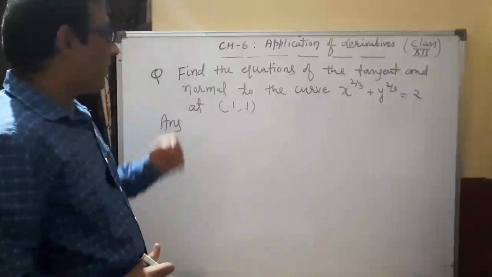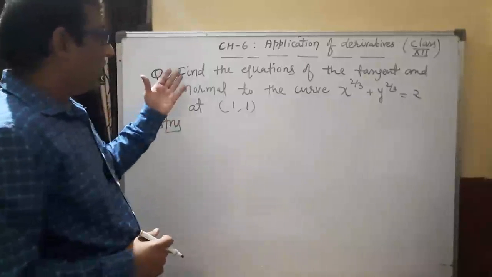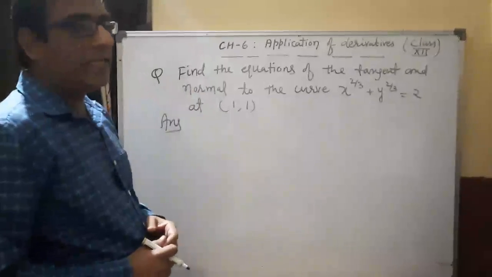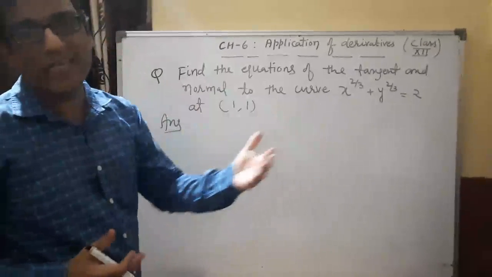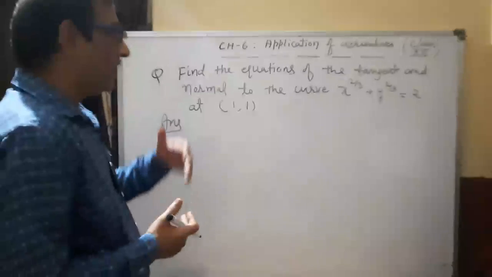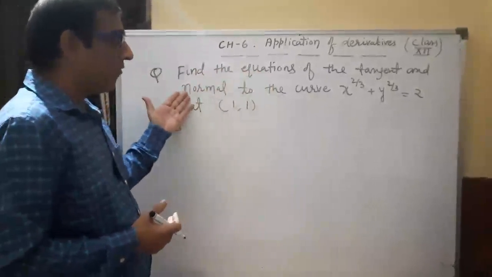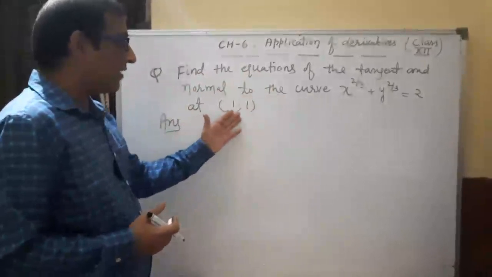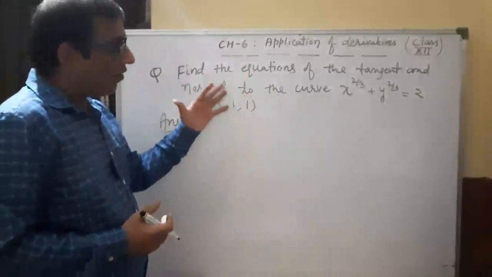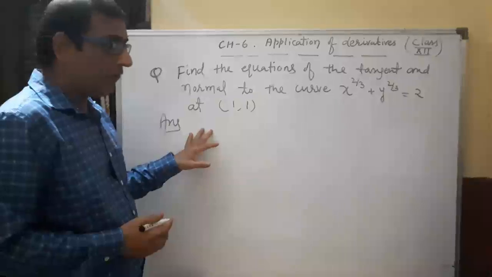Now I am continuing with one problem related to the equation of tangent and the equation of normal. The question is: find the equations of the tangent and normal to the curve at the point (1, 1). How can we solve such a problem?